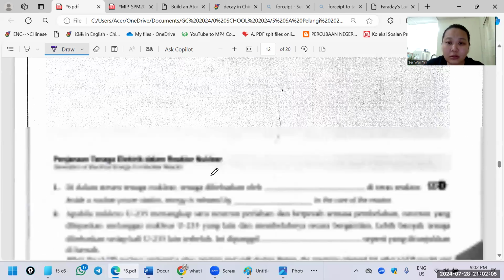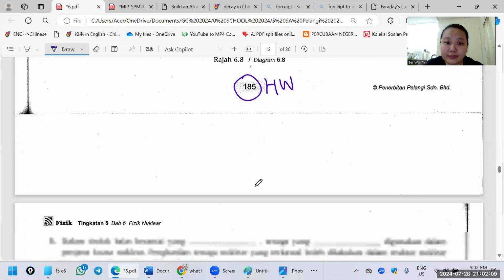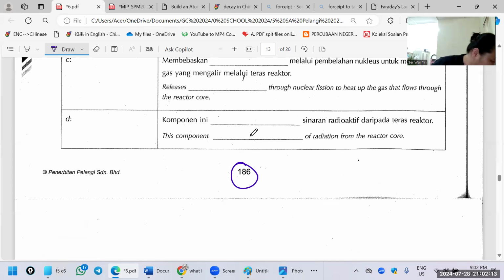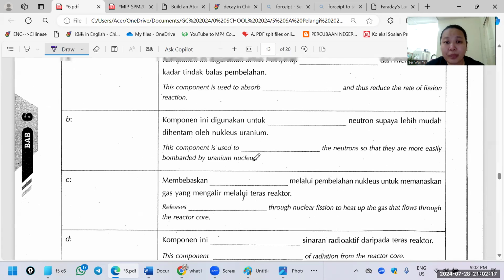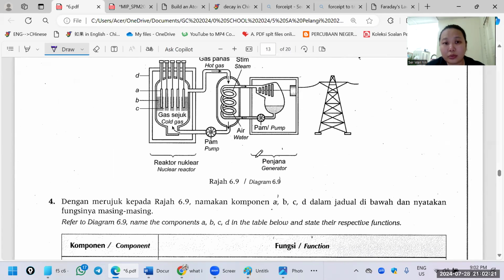Okay, so you do this one, you do 185, 186. This one you can refer to the answer or the textbook.